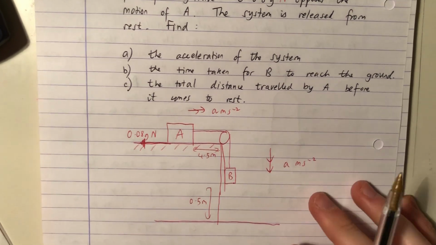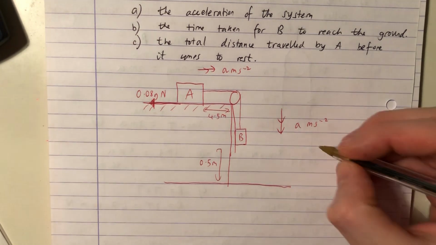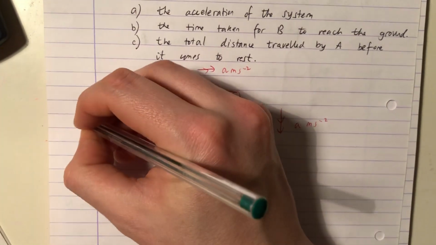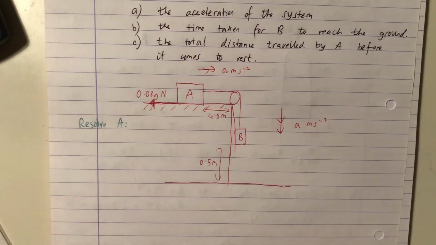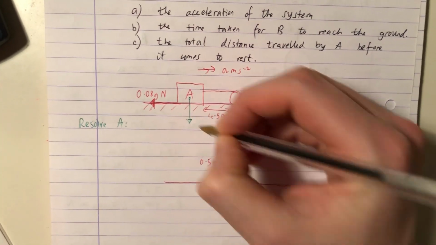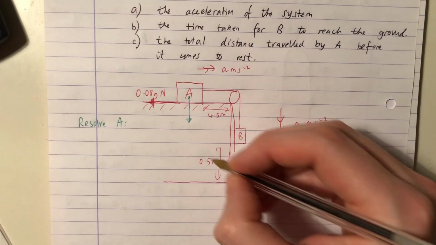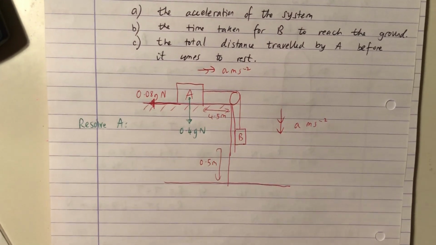The first thing we do is resolve one of the particles. So let's resolve particle A. Forces acting on particle A. Has a weight. Its mass was 0.4, so 0.4 G newtons.